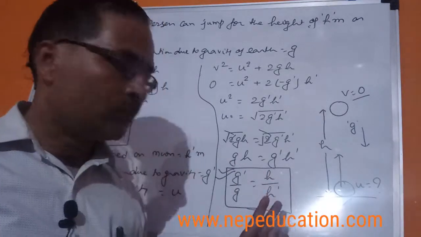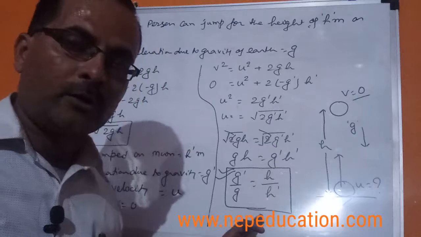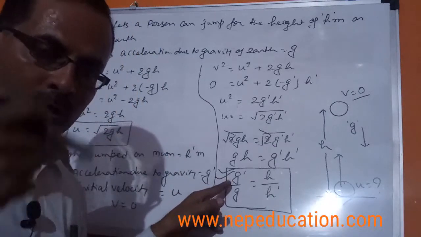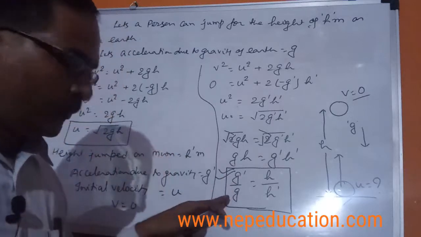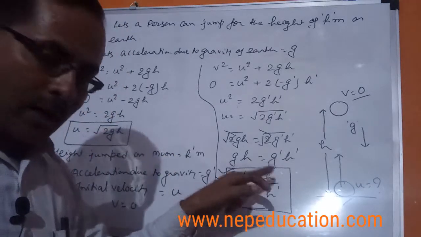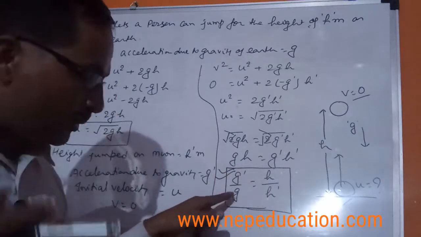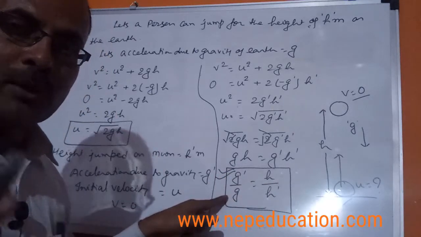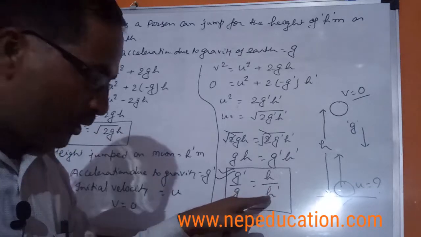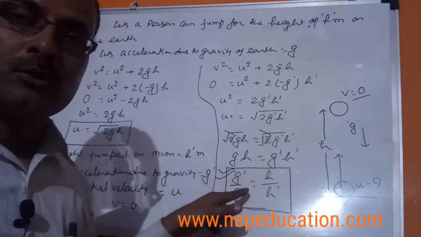You can calculate this type of numerical using this formula. Here g dash is the acceleration due to gravity on one heavenly body, and g is that of the other. H is the height jumped on the body whose acceleration due to gravity is g, and h dash is the height jumped on the body whose acceleration due to gravity is g dash.